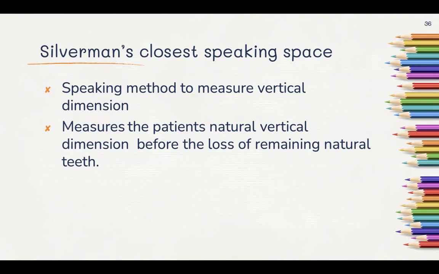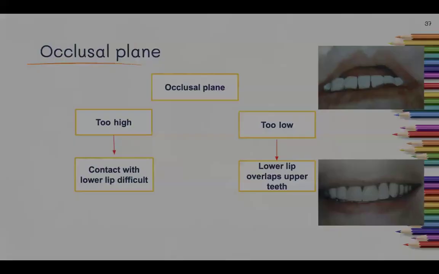So this speaking space, Silverman's technique, is very important in checking the vertical dimension of occlusion. If the VD is high, then the patient won't be able to say S and sh. If the VD is too high, then the S and sh will be muffled, it will not be well defined. So Silverman's closest speaking space is a very important tool in denture fabrication technique.